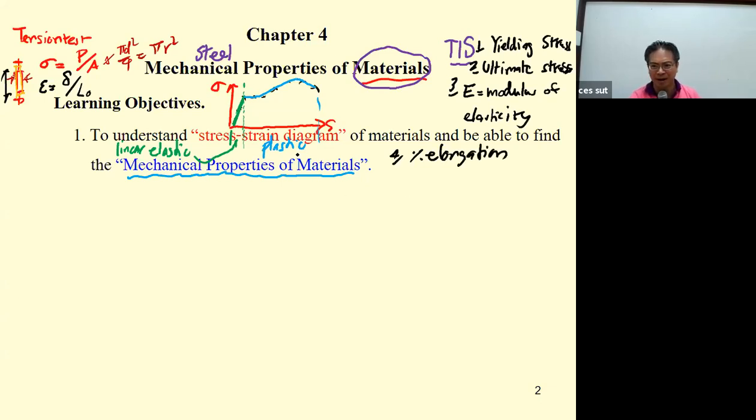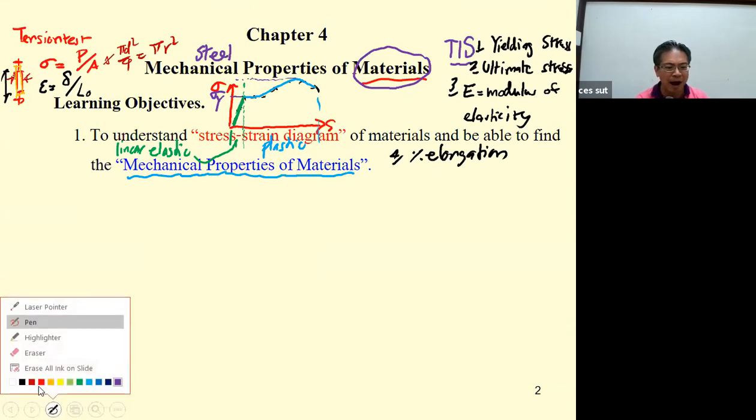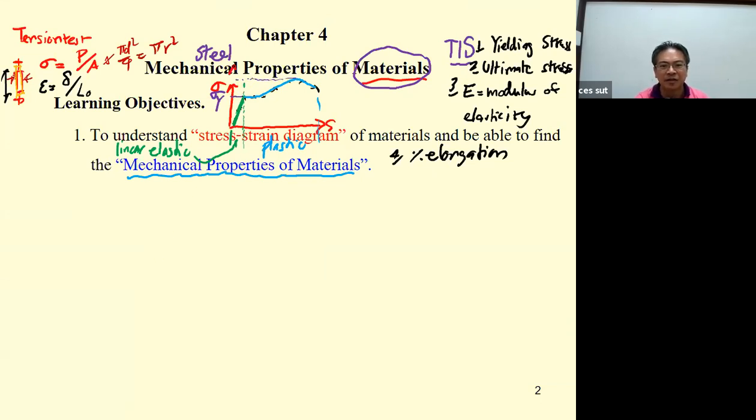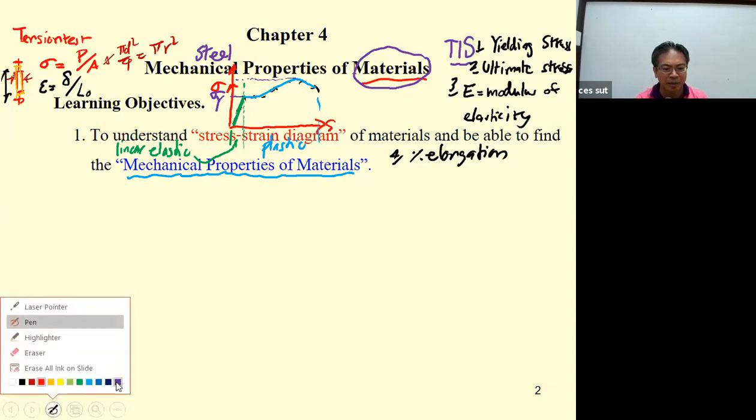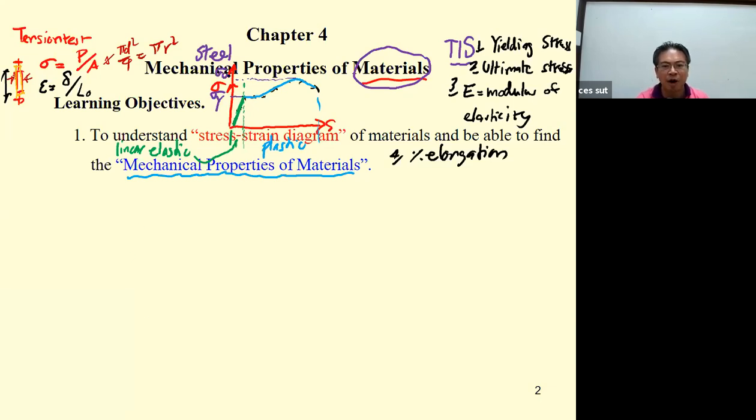How can you determine them? For this material, as you know from the previous lecture, the yielding stress will be determined at this point. The ultimate stress will be found using the stress-strain diagram, and sigma ultimate is at this point.